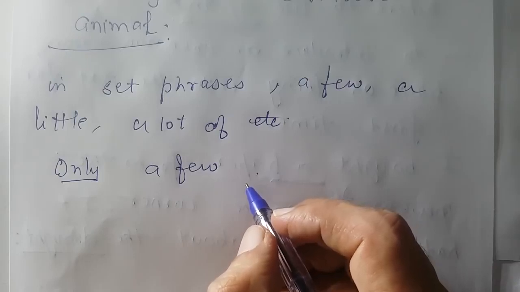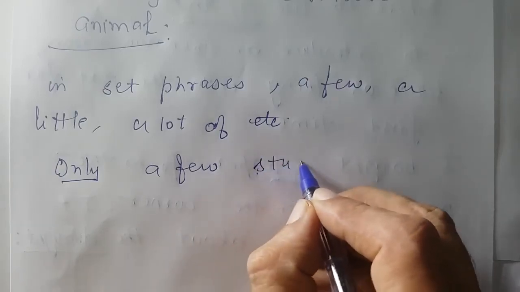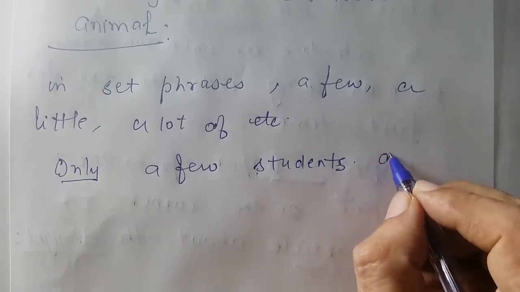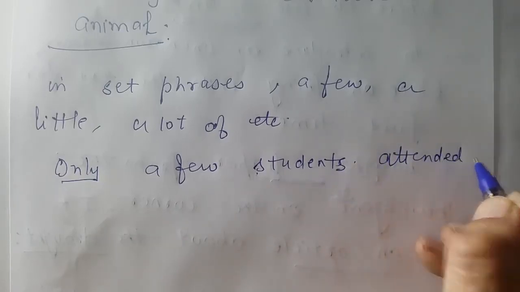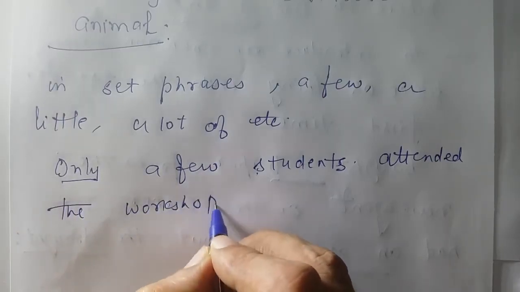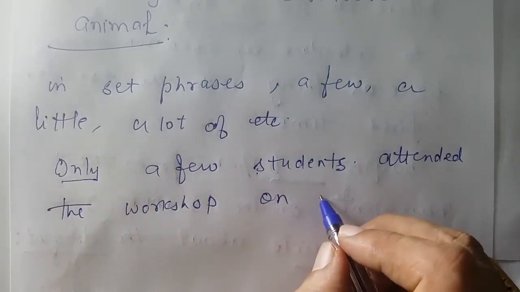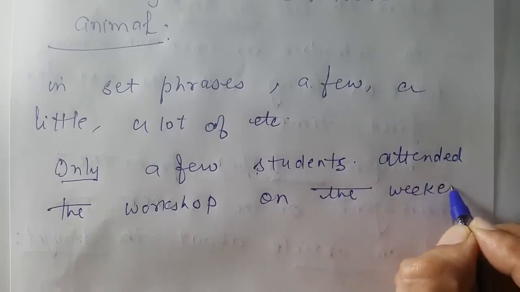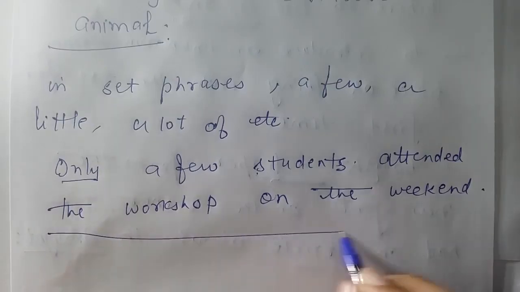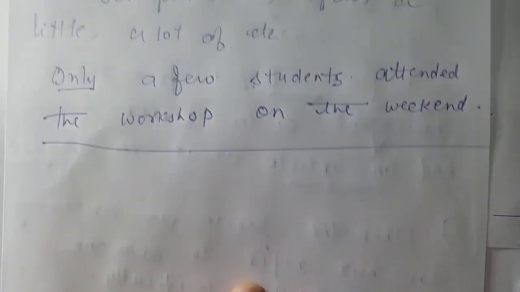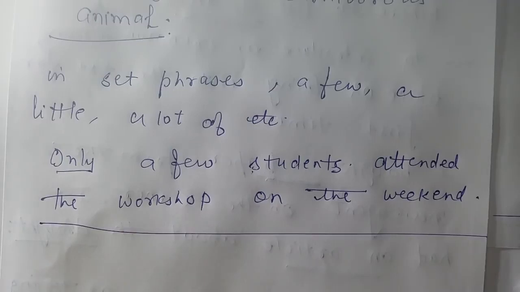Few students. Only a few. So can I go with s here? Students attended the workshop on weight. So this is the point here. So these are the rules of a or an, I want to say.